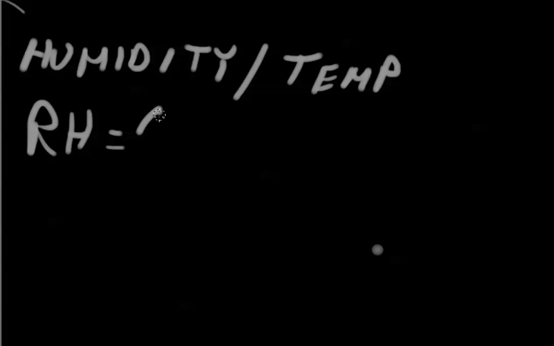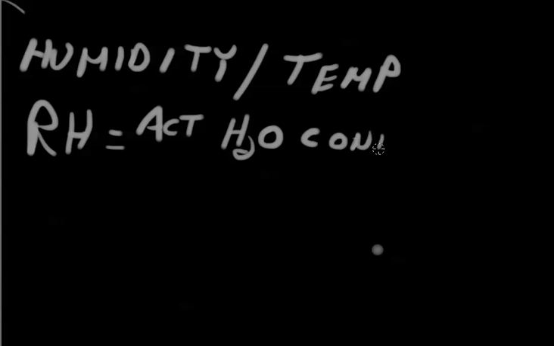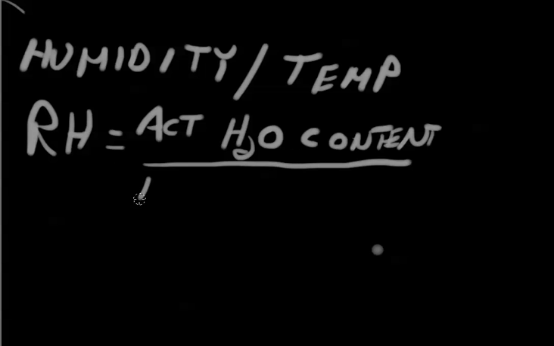So we'll just put down actual H2O content, because we're looking at a ratio here, all over what it has to have to be saturated. So we can say H2O for saturation.